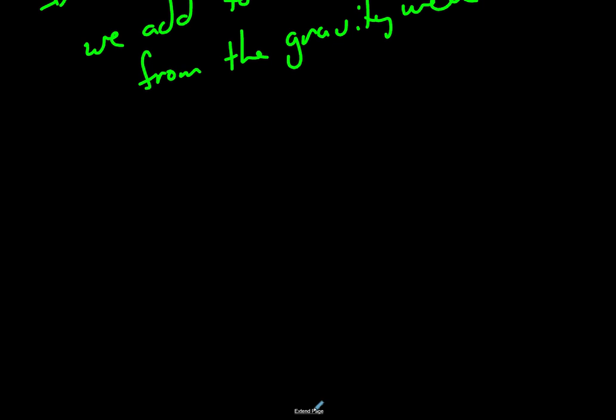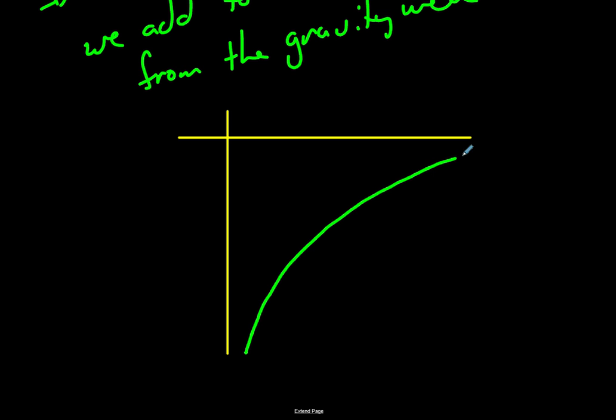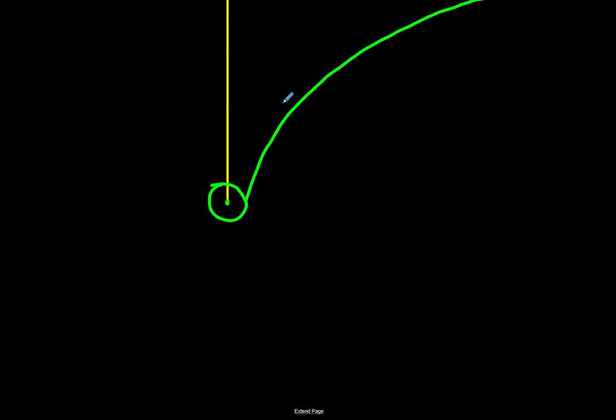So just to reiterate exactly what I'm talking about here, this maps the gravitational potential energy as objects move up and down inside a gravity well, okay? You can think of it kind of this way.